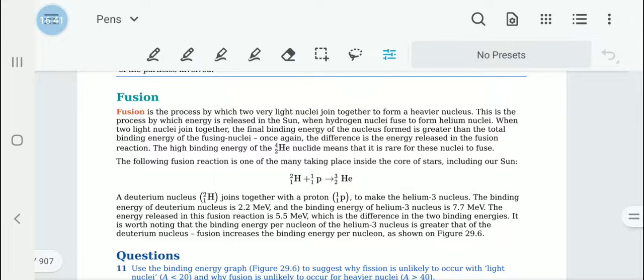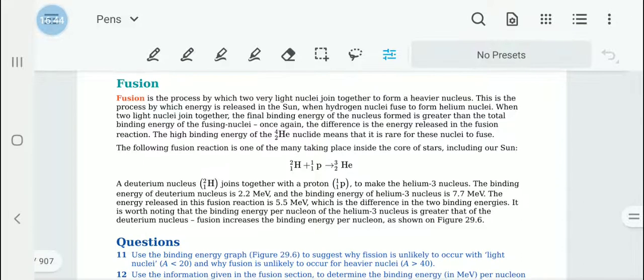Fusion is a situation where, we know that our energy comes from the sun as a result of the fusion that takes place on the sun. Two very light nuclei join together to form a heavier nucleus. So in the sun, hydrogen nuclei fuse to form helium.